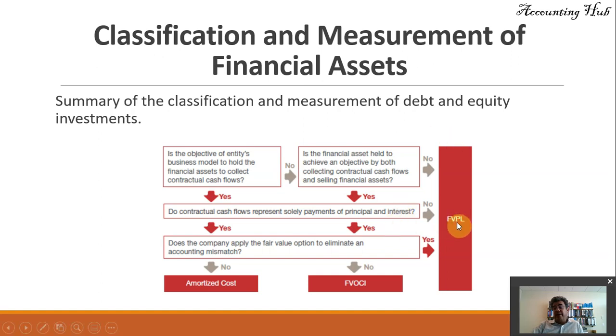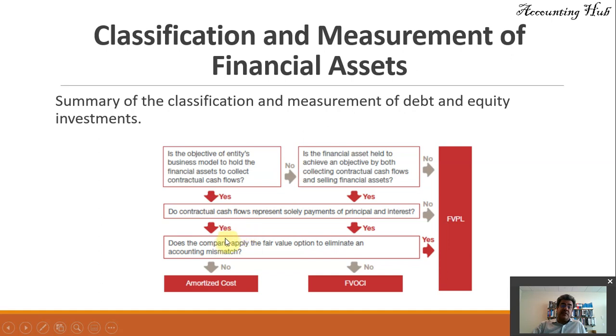Fair value through profit and loss. But yes, is the objective of the business model to hold the financial assets to collect contractual cash flows? Yes. Do contractual cash flows represent solely payments of principal and interest? If no, profit and loss, the old trading classification.